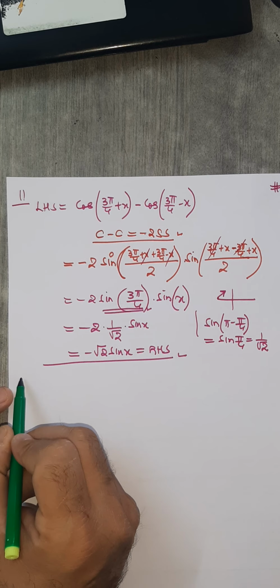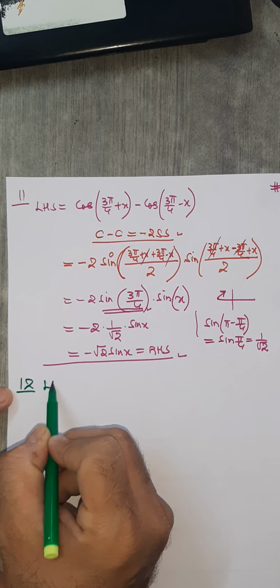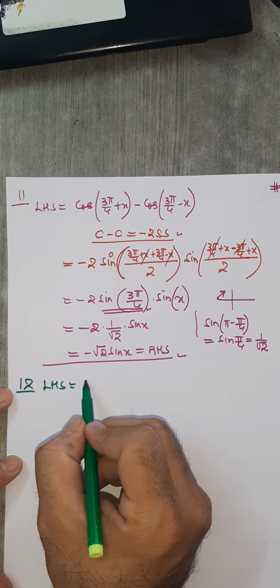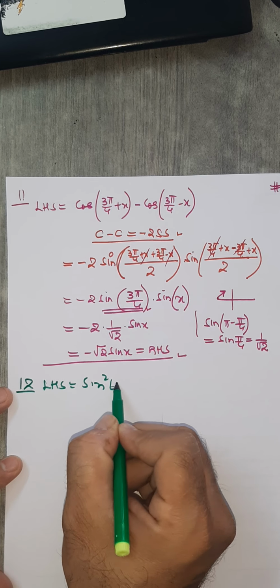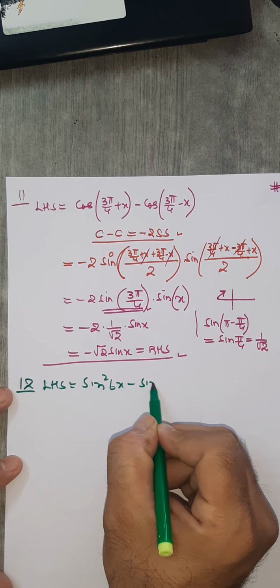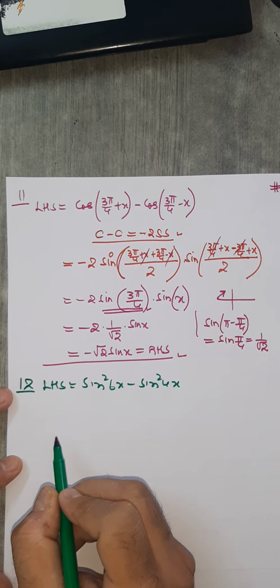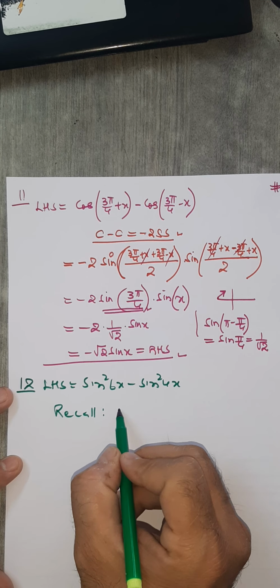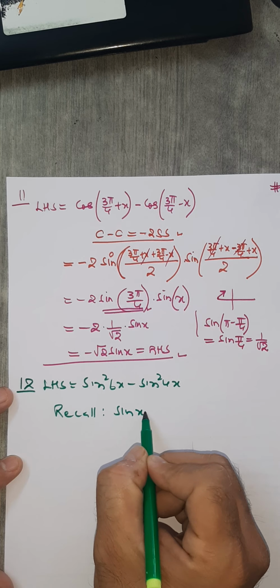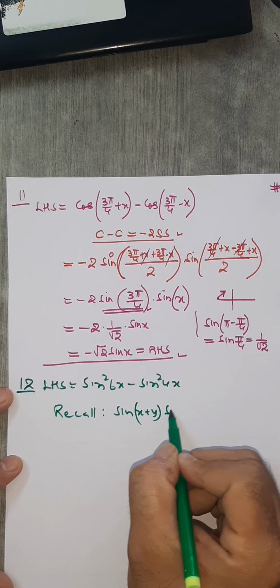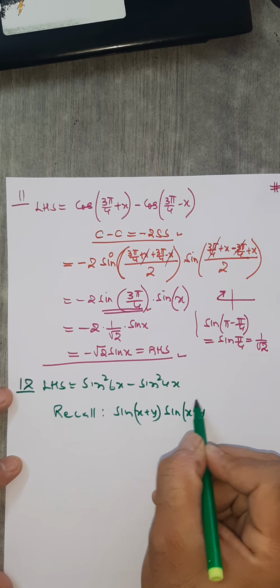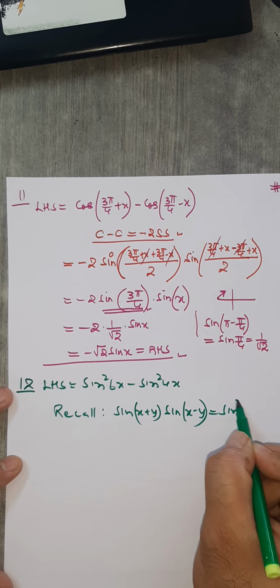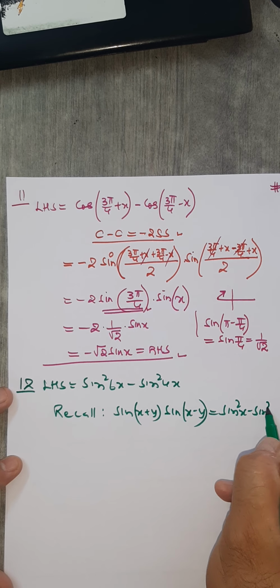Question number, let's go to the 12th question. What is the LHS there? Sine square 6x minus sine square 4x. Now you recall, I'm just reminding you, if you remember, sine of x plus y into sine of x minus y equals sine square x minus sine square y.